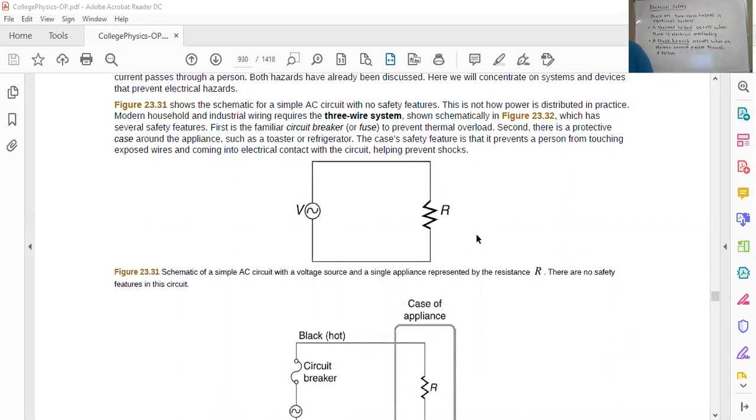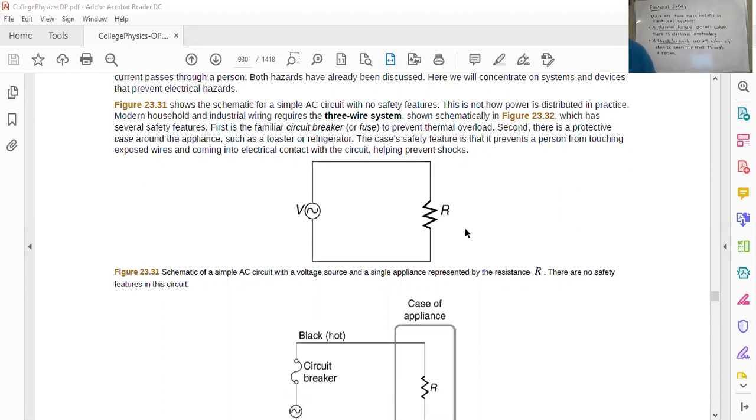It's alternating. And you have something plugged in, any kind of appliance, which is considered a resistance. But that's a schematic that shows absolutely no safety features whatsoever.